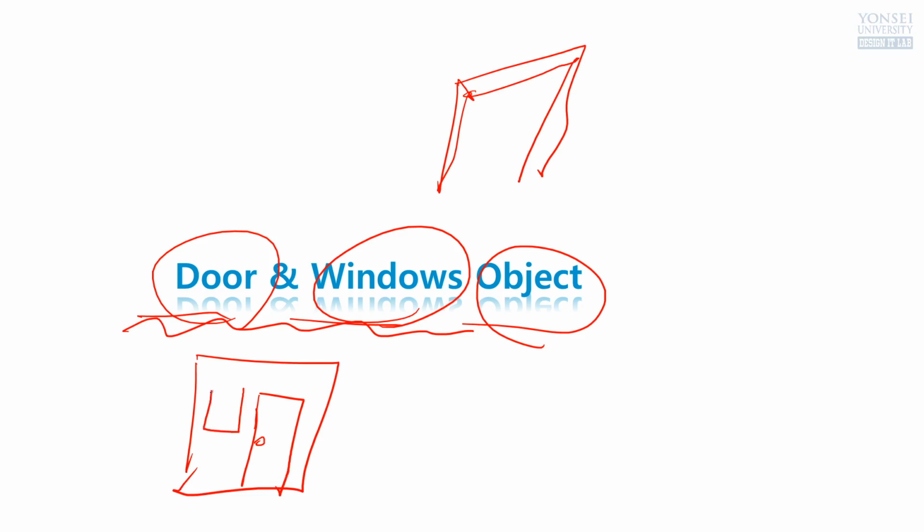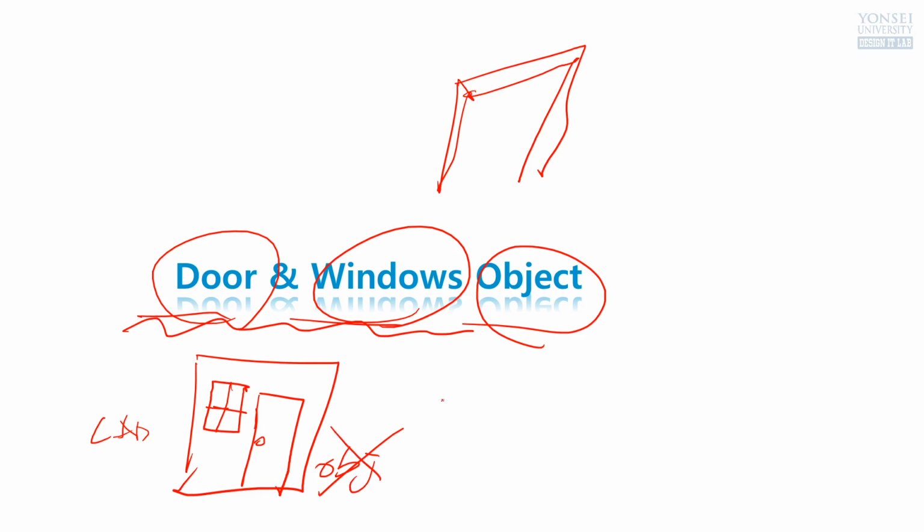How about this window? If you draw something like this, you can think about this geometry is looking like windows. So it's a window object. But if this is a CAD, there is no object files.